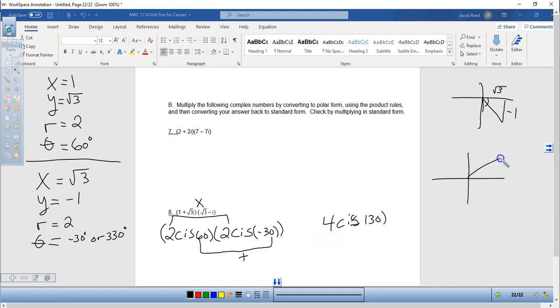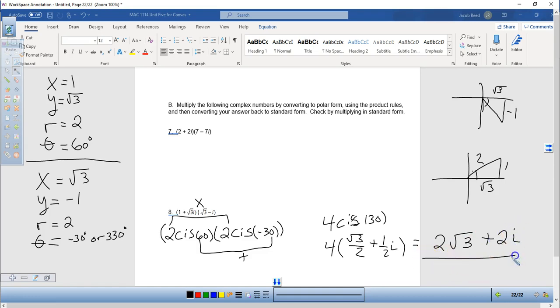And so, I'm talking about 30 degrees. 1, 2, root 3. Cosine is root 3 over 2. Sine of 30 is 1/2. Multiplying by 4, I get 2 square root of 3 plus 2i.